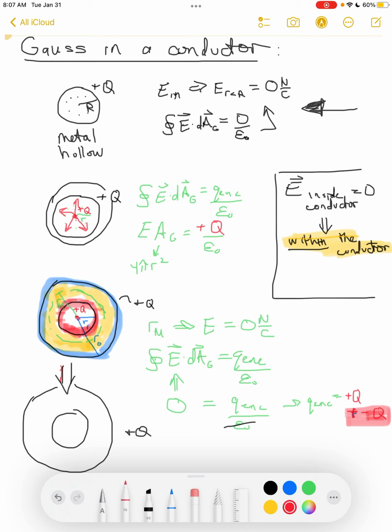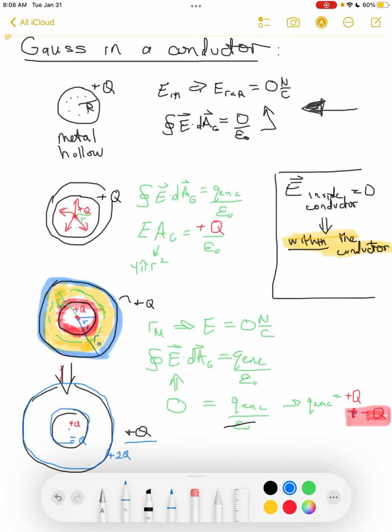However, charge will move about such that you actually get a negative q on the inner surface. So that's along here. And you get not a positive q, but a positive 2q on the outer surface out here. Of course, combining those two, negative q and positive 2q, still leaves you with positive q.